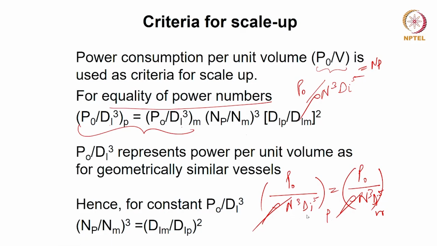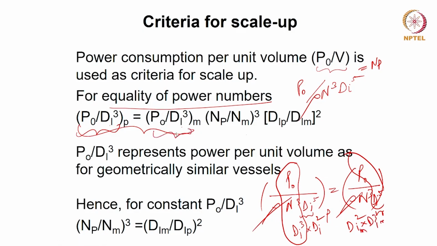So here, if you further have this as Di cube into Di square and do the rearrangement and make P0 by Di cube at the prototype bring it separately on the LHS, and here you have P0 by Di cube of the model type.